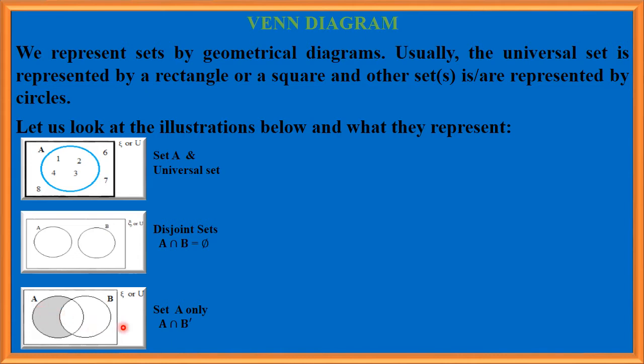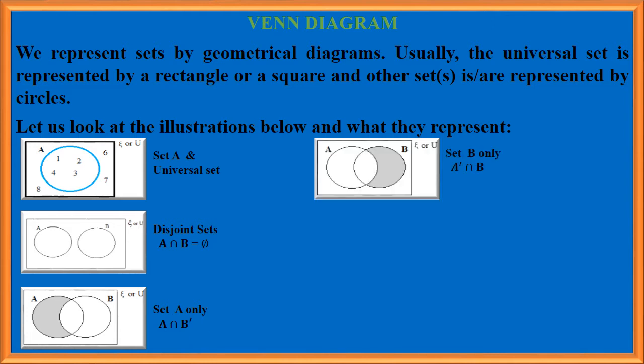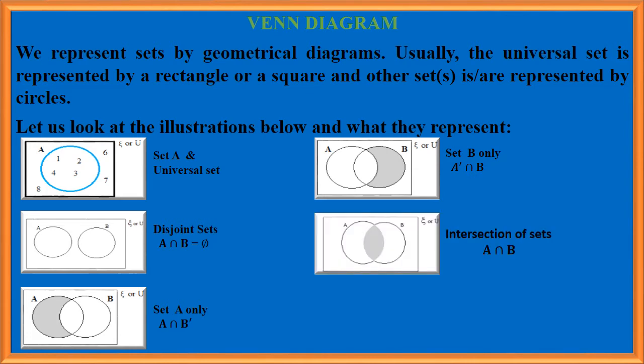We can write that as A intersection B prime. We can also have an illustration which shows elements belonging to only set B, where the B portion is shaded. It is written as A prime intersection B.